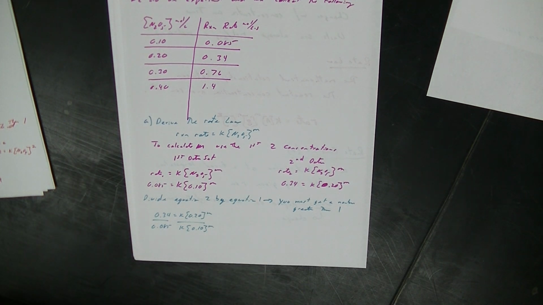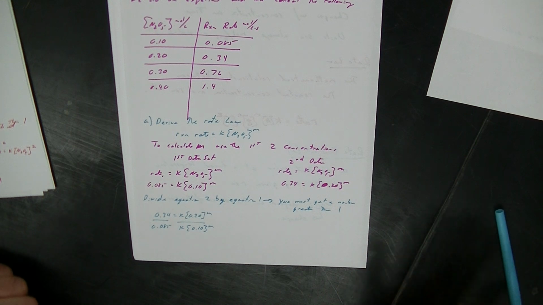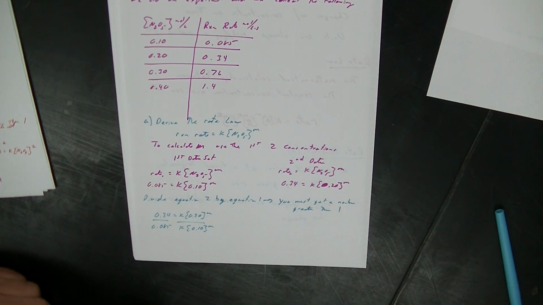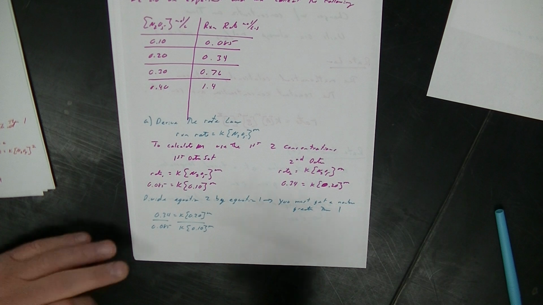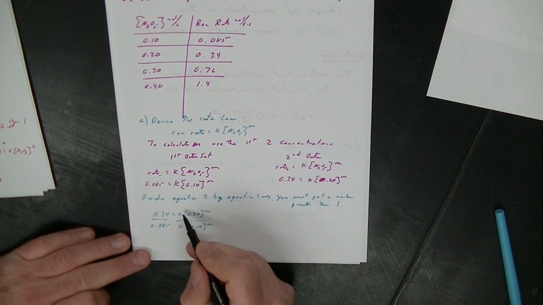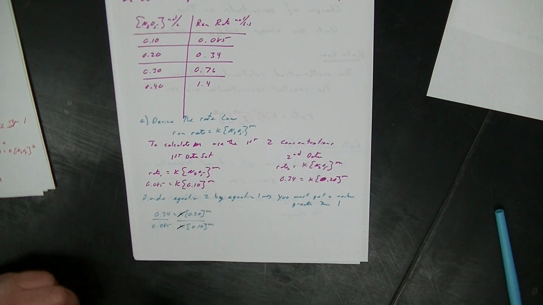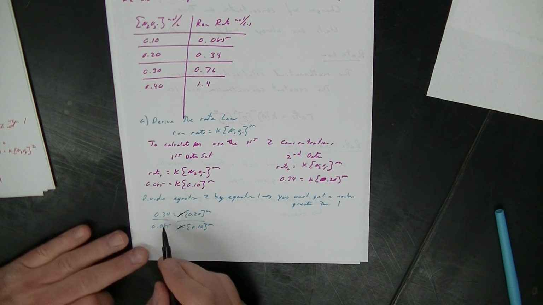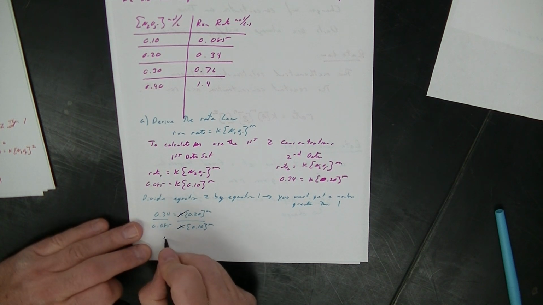All right, so now we can actually do some fancy dancy work. Okay, so the K is the same on top and bottom over here, so those just cancel out. So that's kind of nice. All right. When we do this division, we get 4.0.